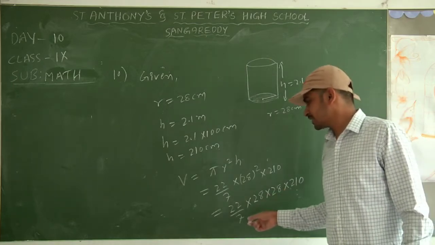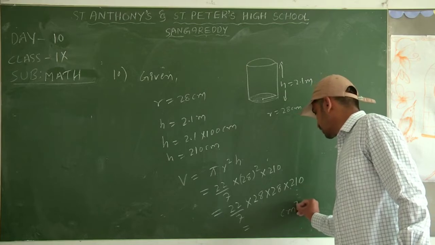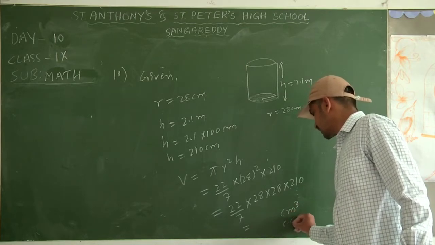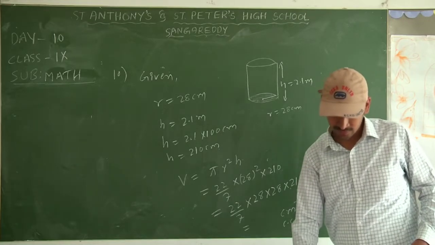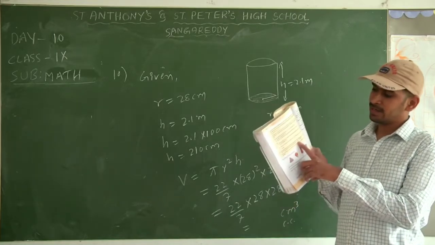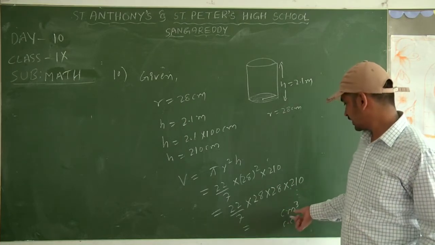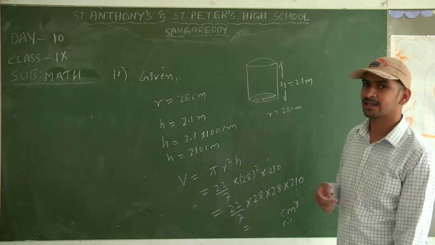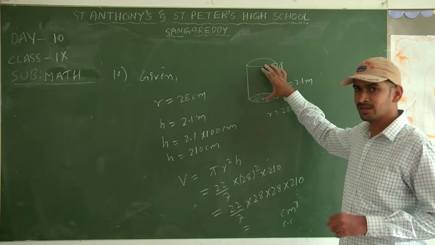After cancellation, we will get the value in terms of centimeter cube, we can say cc. The problem is given 1 liter equals 1000 cc. So after that we have to convert this centimeter cube into liters. Then we will get how many liters we can store in the drum.